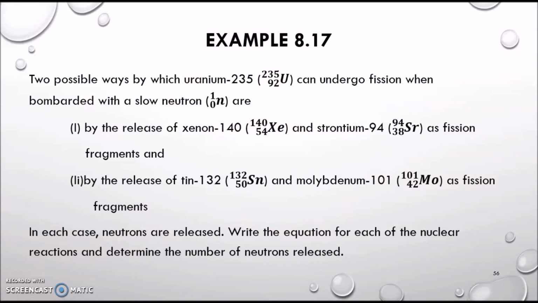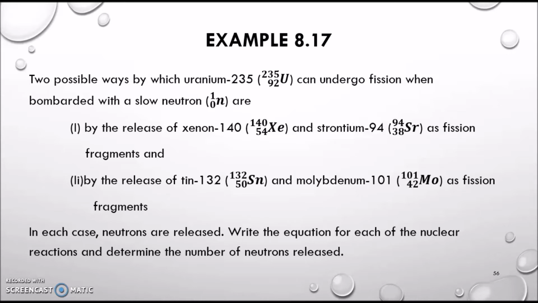Example 8.17. There are two possible ways by which uranium can undergo fission when bombarded with a slow neutron. Okay, so there are two possibilities when a uranium is bombarded with a neutron. First, it will produce xenon and strontium. Second possibility is it can release tin and also molybdenum.